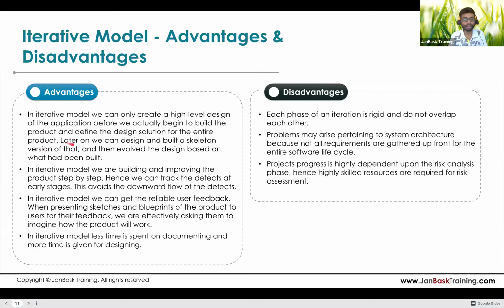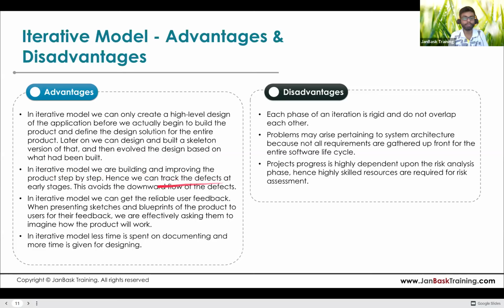That's why later on we can design and build a skeleton version of that, and then evolve the design based on what has been built. So every time we are building on top of what we have developed already. In the iterative model, we are building and improving the product step by step.